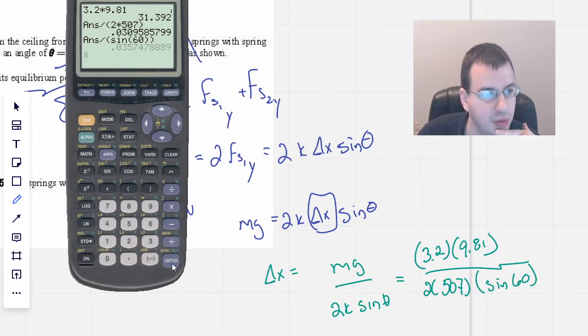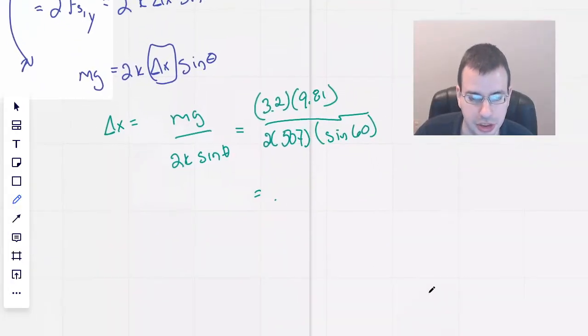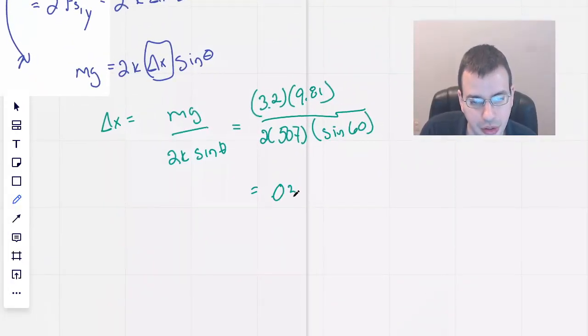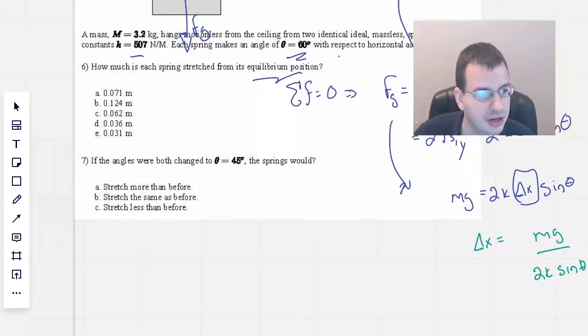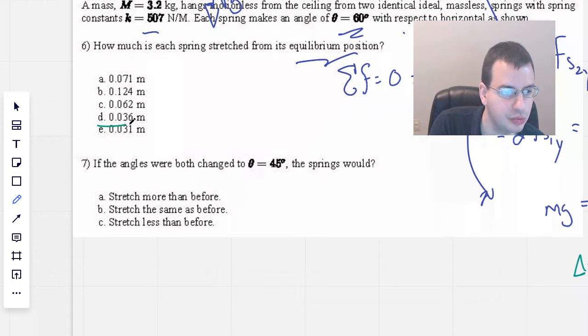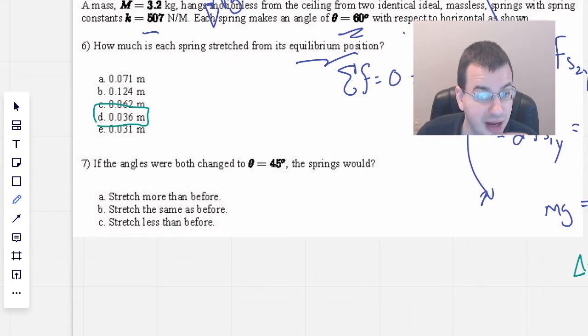We get 0.0357 meters. That's answer D, 0.036. Not too bad.